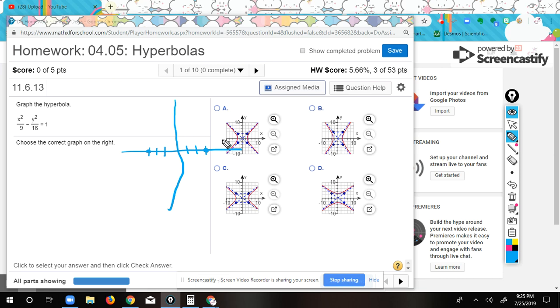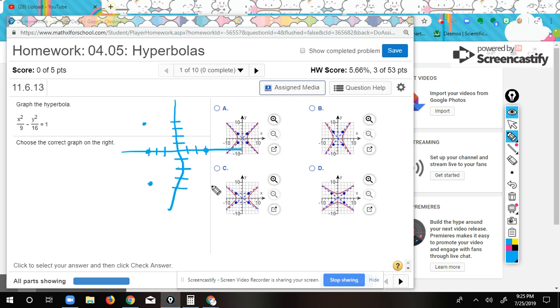Then for the y value, we take the square root of whatever is next to the y, and that tells us how far up to go. The square root of 16 is 4. So from each of these x-intercepts, we're going to go up and down 4.